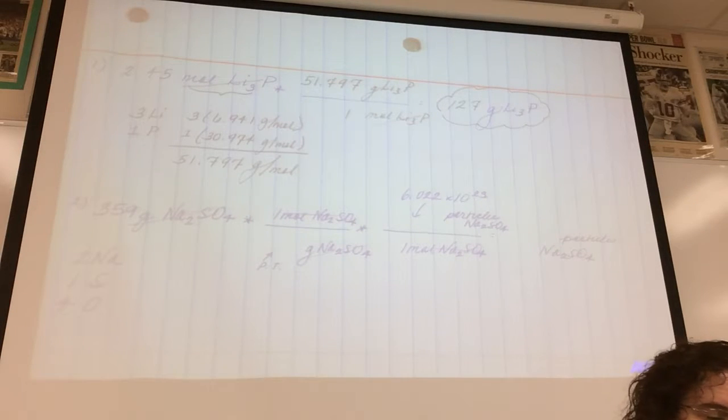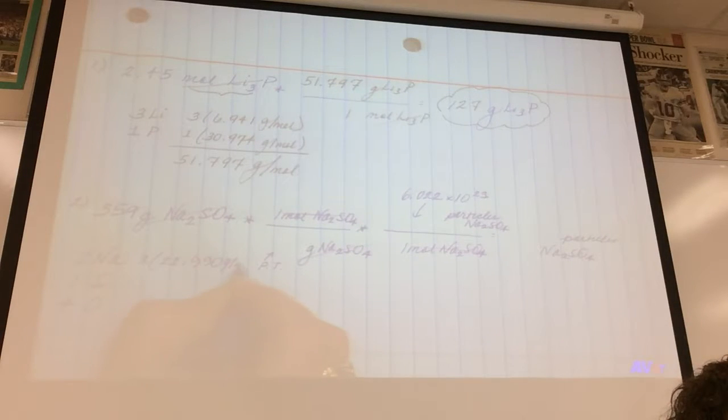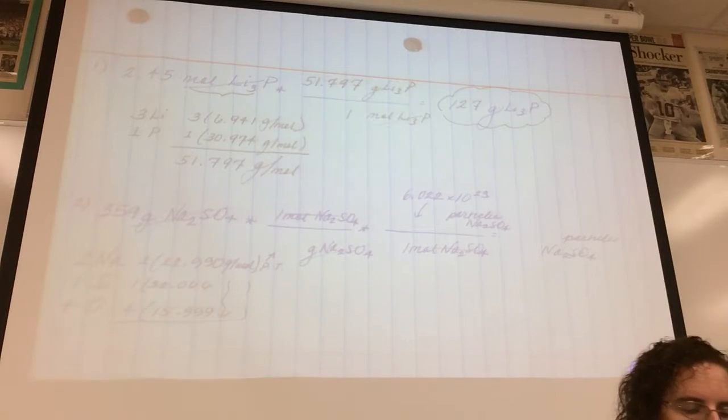So it's not going to really be an issue for you. 2 sodium, 1 sulfur, 4 oxygen, and then off the periodic table, you'll get all the pieces. You can even put like a little arrow there if you want. You can get the formula mass of sodium sulfate.